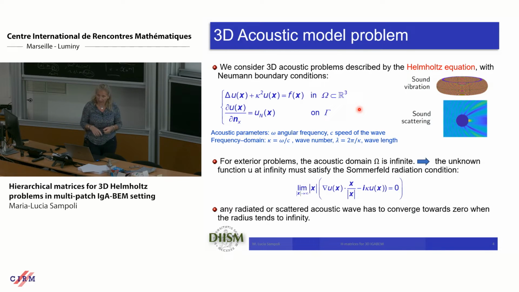Just to comment, in case we are considering an exterior problem, the unknowns should also satisfy the so-called Sommerfeld radiation conditions. That basically means that when we go to infinity, the waves should decay towards zero.